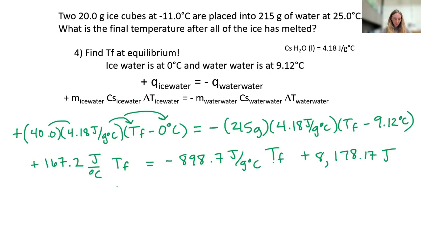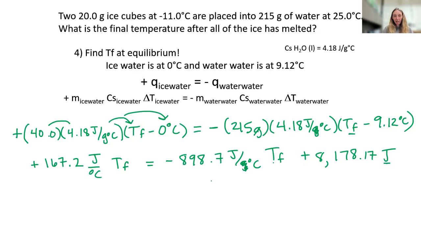Let me just double check and make sure. So joules per degree Celsius, this gram should be gone, right? As I multiply these two numbers together, the grams cancel, and I have joules per degree Celsius times TF. Next I have my joules per degree Celsius. I multiply by this number. Now my degree Celsius cancels, and that number has joules, right? So that's kind of how you go through.